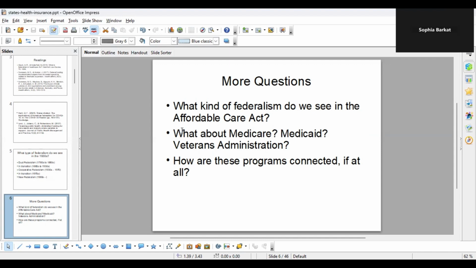So going back to sort of the older model, and some of you pointed that out in your answers, tending to go towards dual federalism, but cannot really go there anymore, right? So what about Medicare? What about Medicaid? What about the Veterans Administration? Let's look at some of these things, okay?